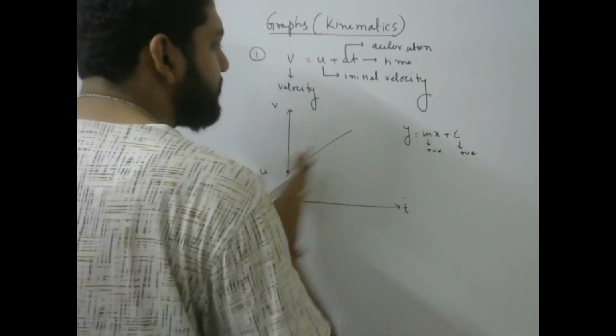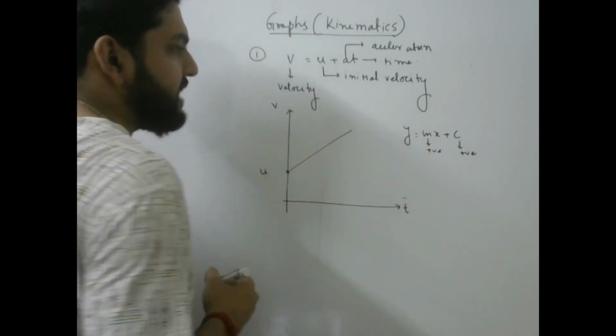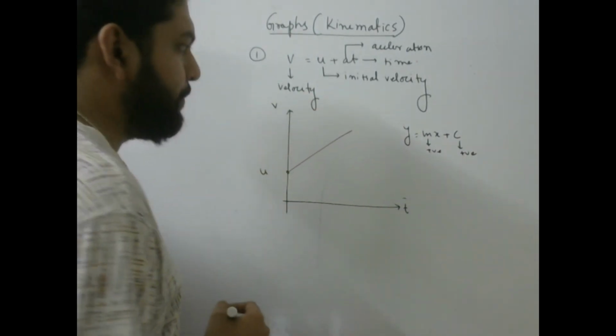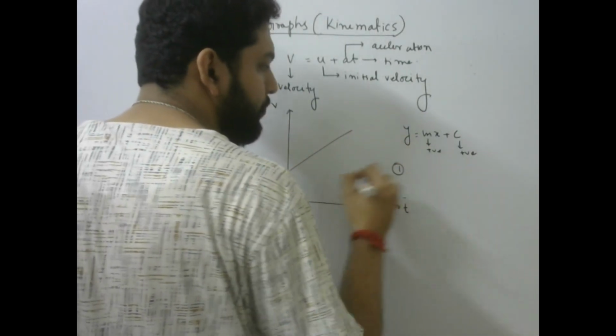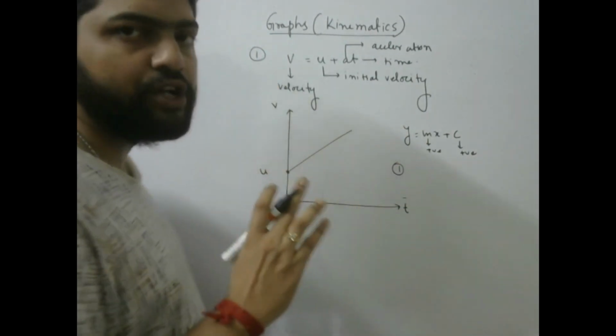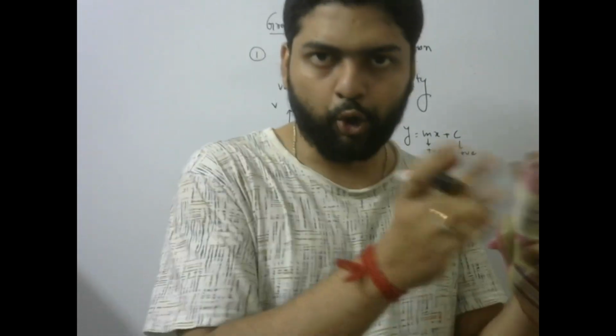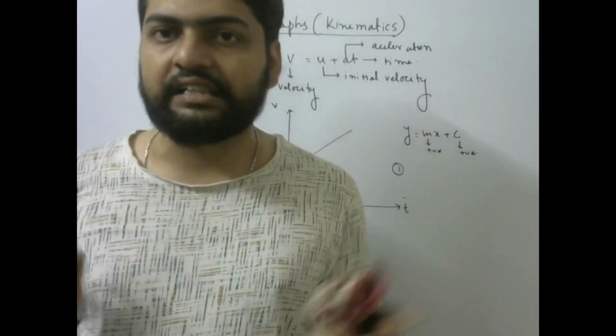And the slope of this graph will represent the acceleration. So the findings from this graph are important. From a graph we can basically calculate two parameters: one is the slope, another is the area under the curve.